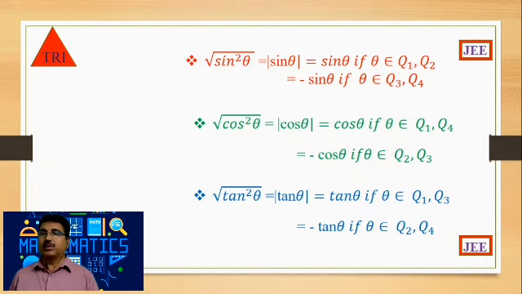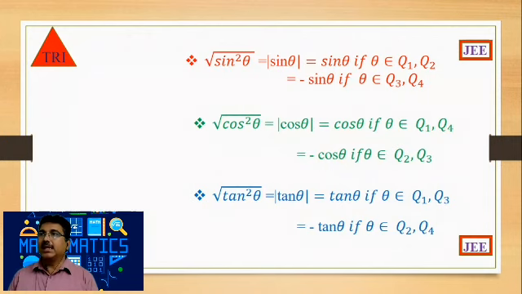If theta belongs to quadrant 3, quadrant 4, then sin theta is negative. In this case, root sine square theta is equal to minus sine theta. Similarly, root cos square theta is equal to cos theta when theta belongs to quadrant 1, quadrant 4, and minus cos theta when theta belongs to quadrant 2 and quadrant 3.